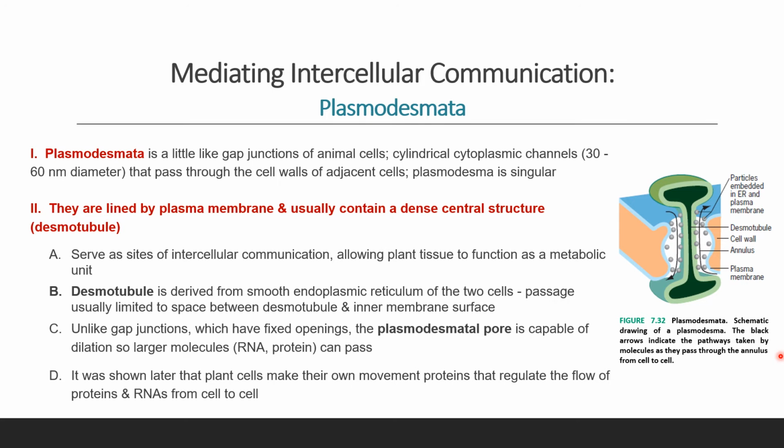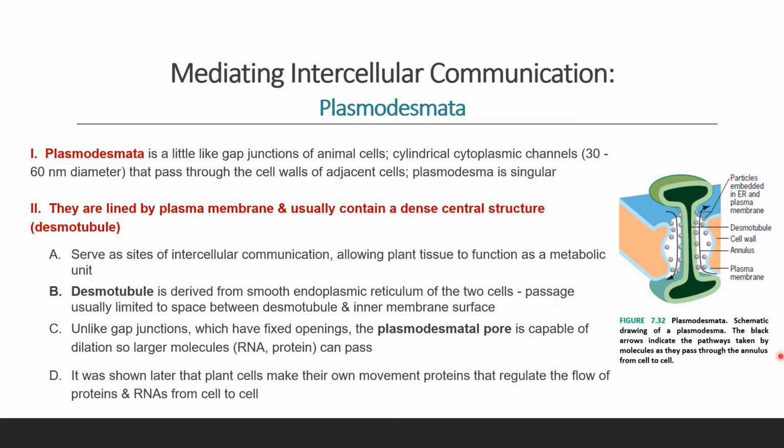So they are lined by plasma membranes and usually contain a dense central structure, or what you call the desmotubule. So they serve as sites of intercellular communication, allowing plant tissue to function as a metabolic unit. And the desmotubule is derived from the smooth endoplasmic reticulum of the two cells, and passage is usually limited to the space between the desmotubule and the inner membrane surface.